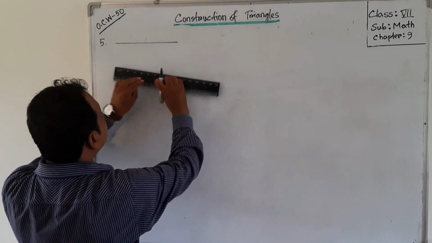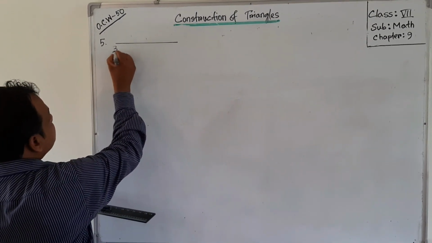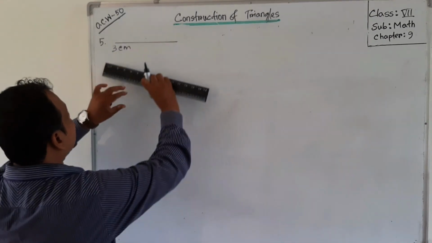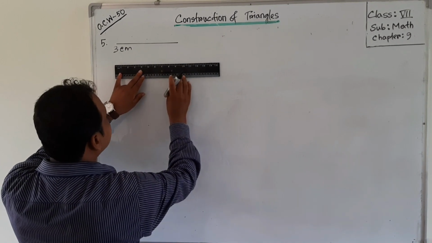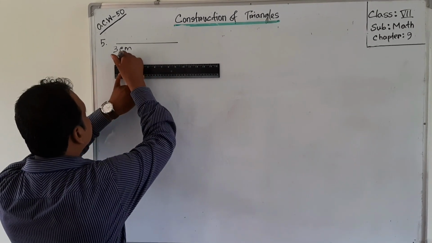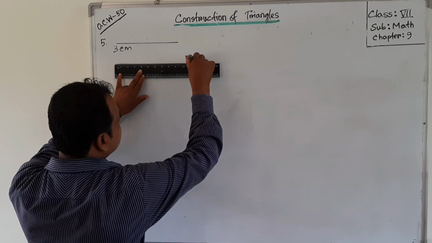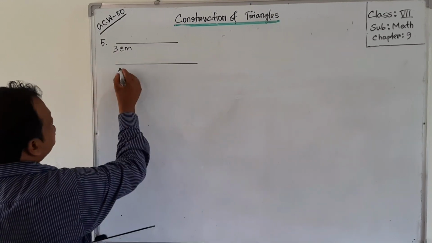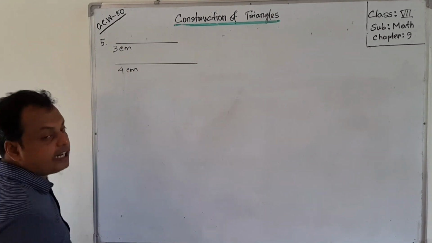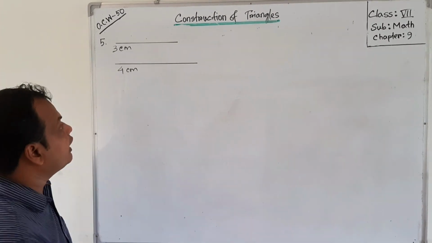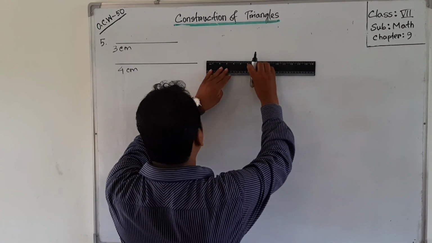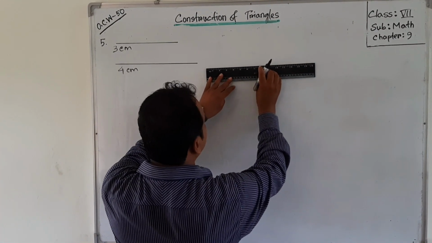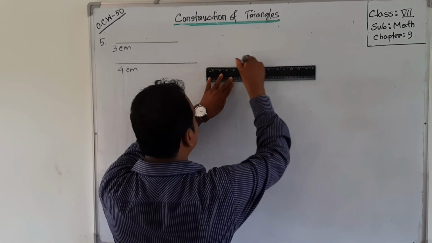So this is the length 3 centimeter and another one is 4 centimeter. So this is the 4 centimeter and one angle we have to draw, and the measure of this angle will be 30 degree.